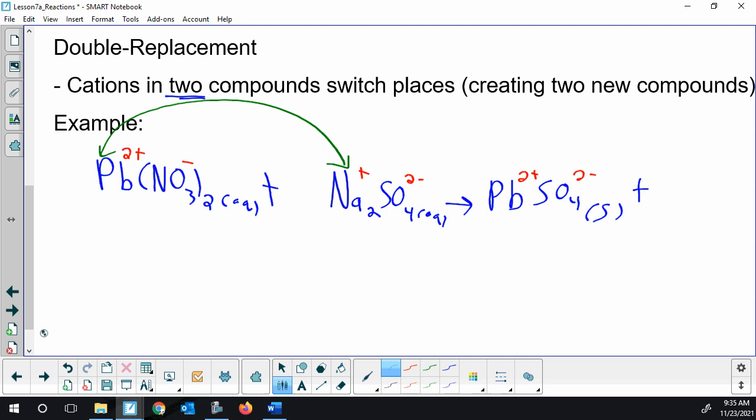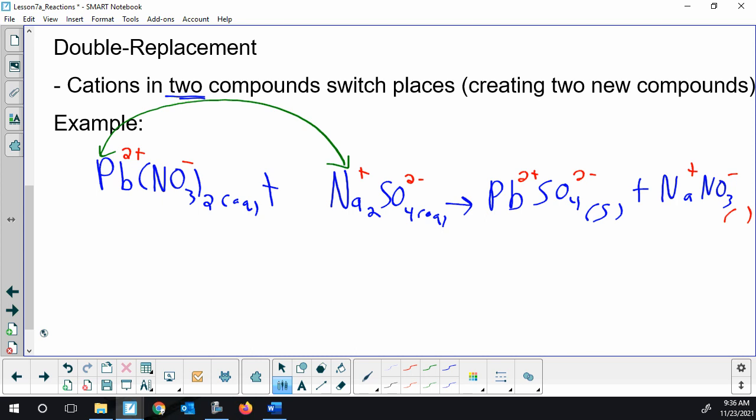Second replacement, we're going to take the sodium and pair it up with the nitrate. Sodium is a plus ion, nitrate's a negative ion. So +1, -1, we don't need any subscripts for those. Now I want to make a fairly important speed comment.